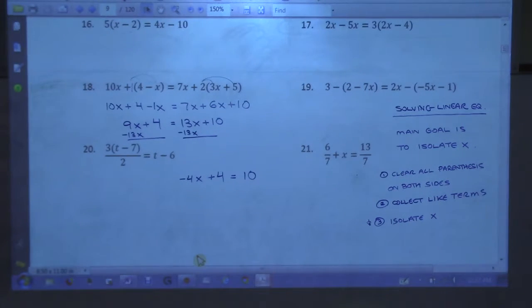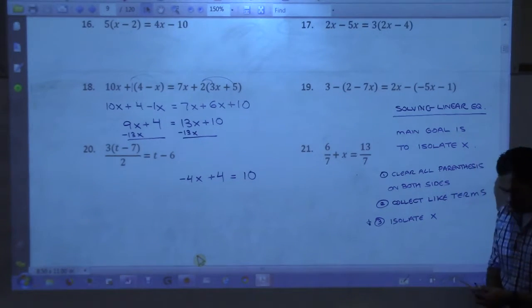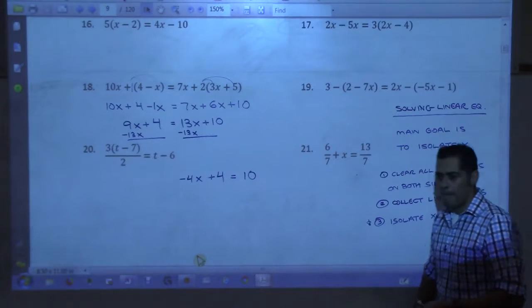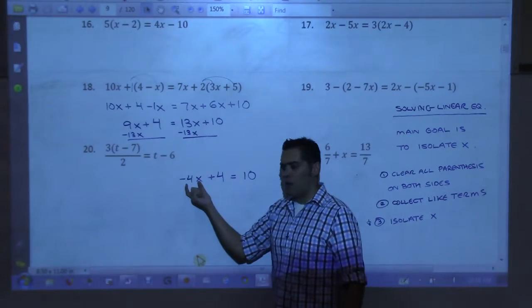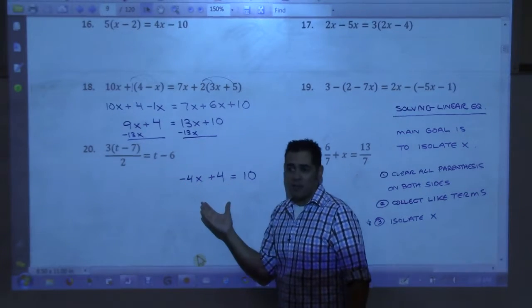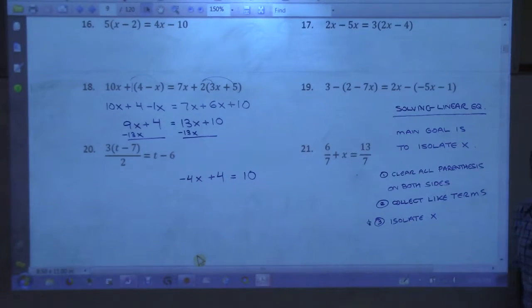Okay, what would be the next step, Melissa? Still trying to isolate x. So far, we've got x over here on the left side, but we've got some other stuff there, so what would you want to do here?